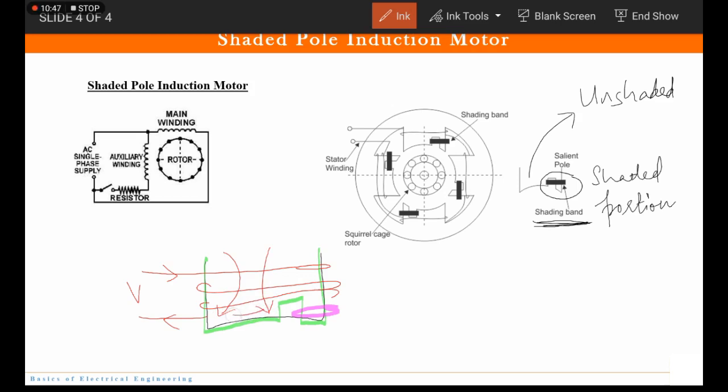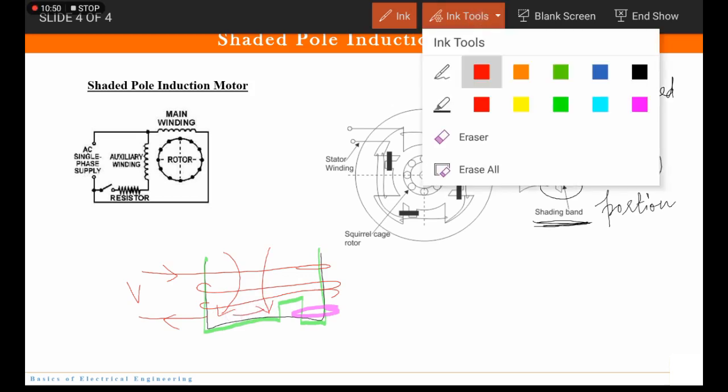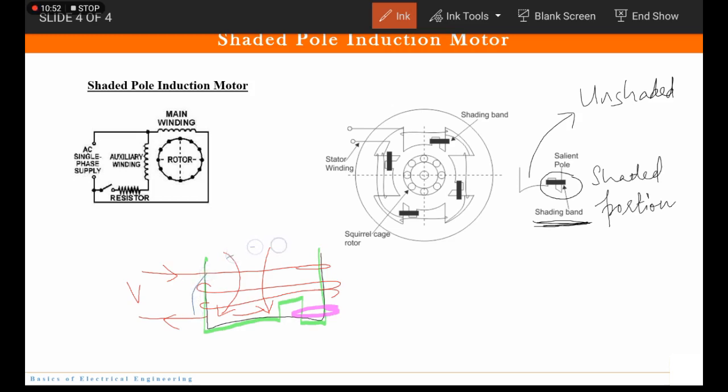Now this magnetic field passes through all this area, isn't it? It passes through all the area and in turn it cuts this shaded portion. So due to Faraday's law of electromagnetic induction, eddy current is set up in this shading band.